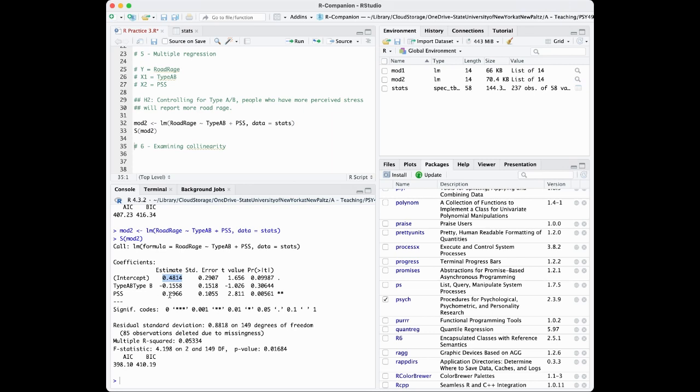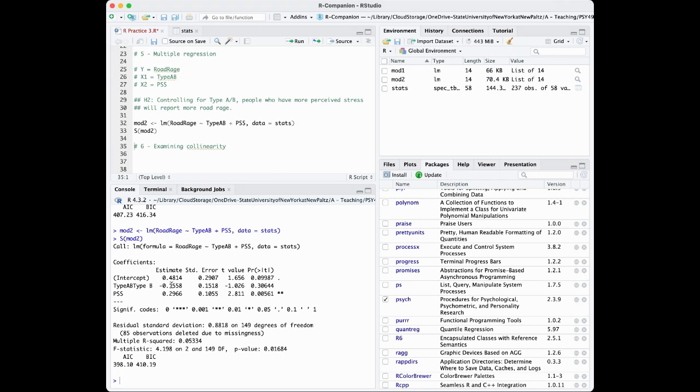So a type A person who is completely unstressed would say that they almost never experienced road rage. That's what the intercept tells us: what's our prediction for Y when our scores on X1 and X2 are both 0? Again, it can't happen, so don't overthink this too much.